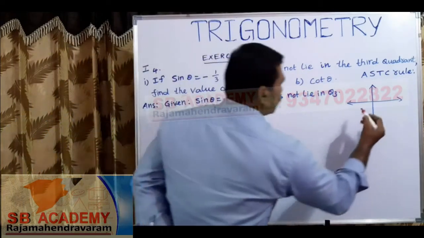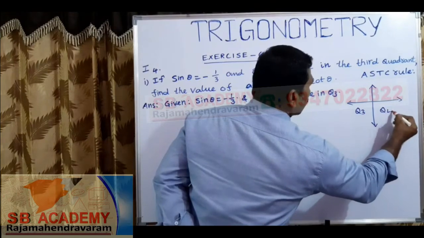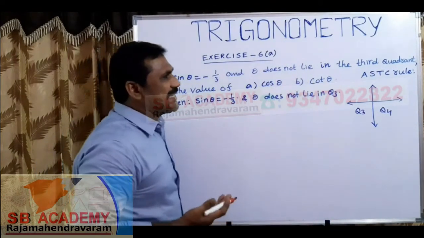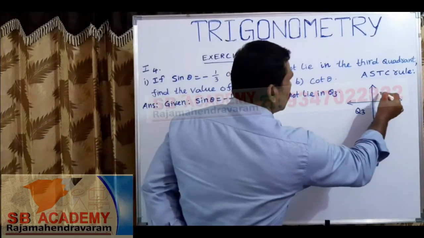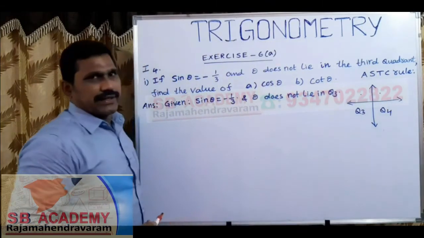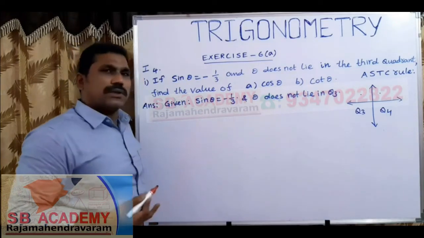Sign is negative in third quadrant and fourth quadrant. Why? Because by using ASTC rule, sin is positive in first quadrant and second quadrant. Sin is negative in third and fourth quadrants.